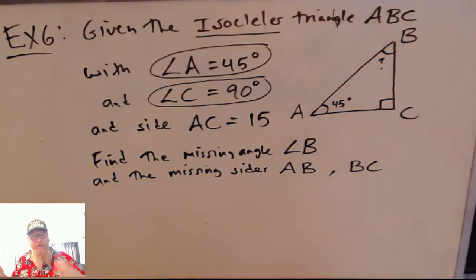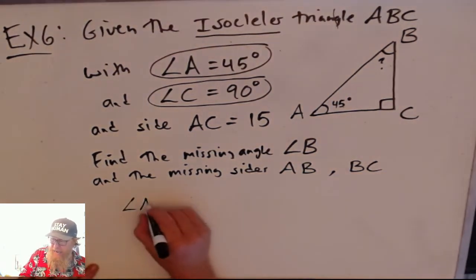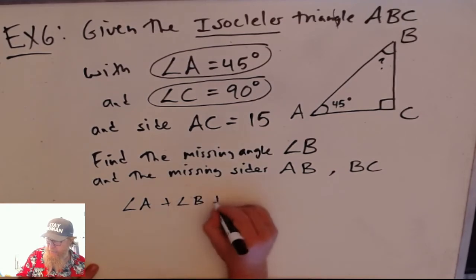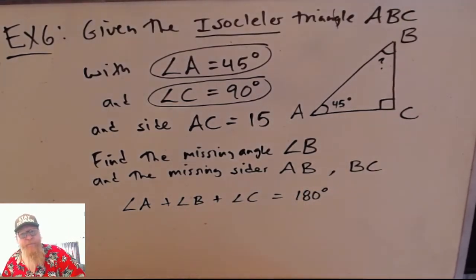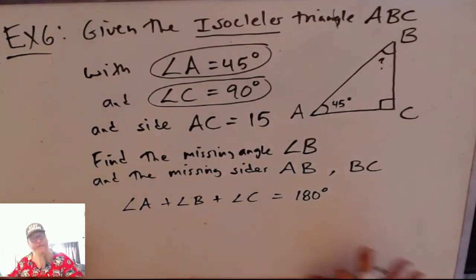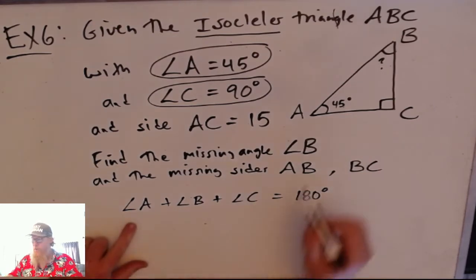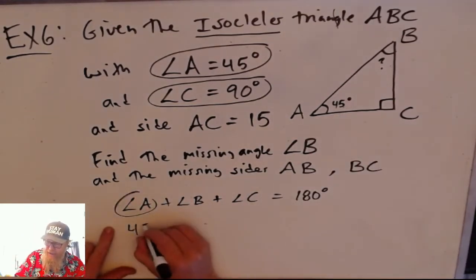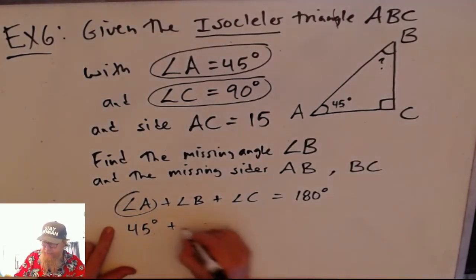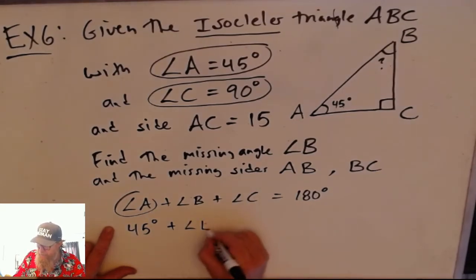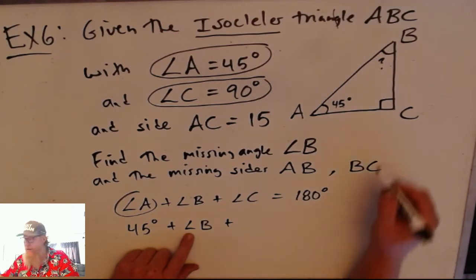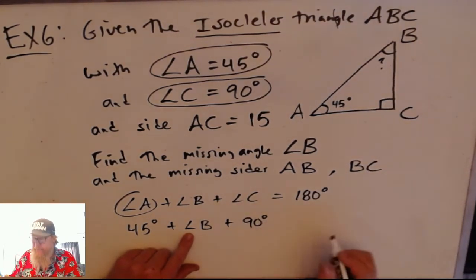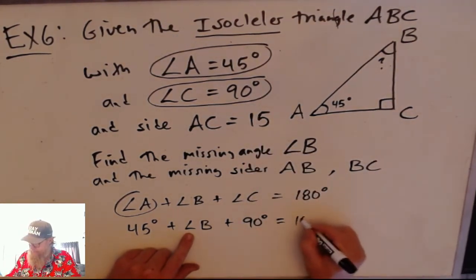But remember, we have our fun fact. Angle A plus angle B plus angle C is 180. If you're quick with mental math, you already know what it is, but I'm going to write it out in all its detail. We know angle A is 45. We don't know angle B. We know angle C is 90.